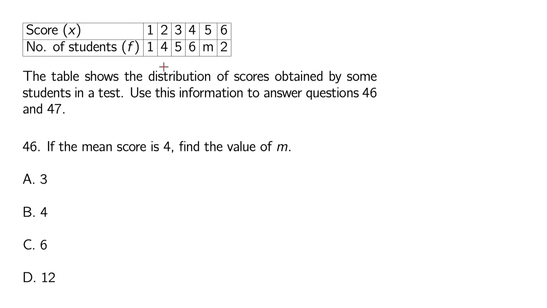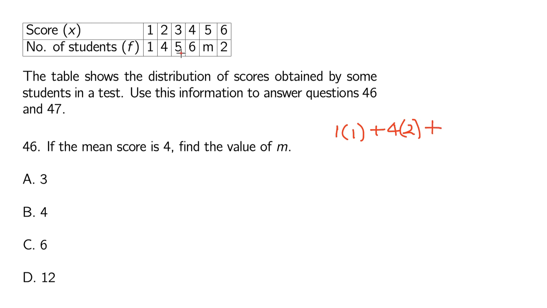We first have to find the total score obtained by all the students, so the sum of all the scores obtained, and then divide by how many students there are. So what's the total? Well, one person got a score of 1, so that gives us a total of 1 times 1. Then we have 4 persons got a score of 2, so we have plus 4 times 2.